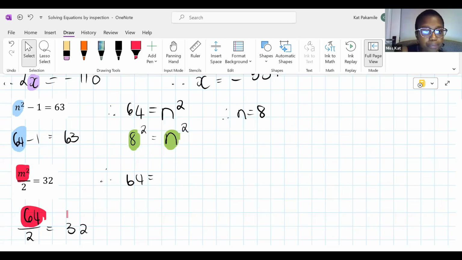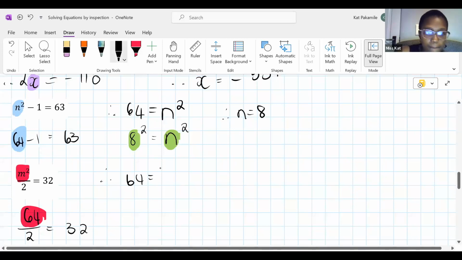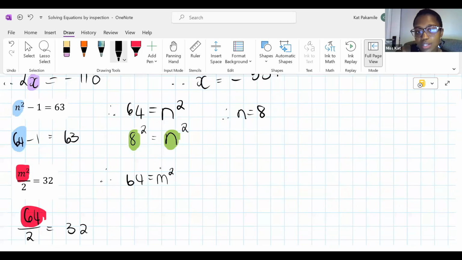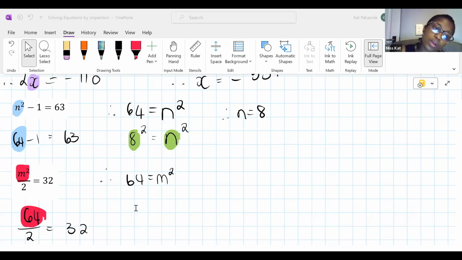Emiche? 64 is equal to m squared. M squared. And while I still have you here, what squared is equal to 64? Oh, she's still here. Emiche, what squared is equal to 64? It's 8.